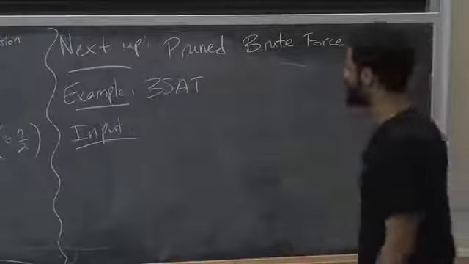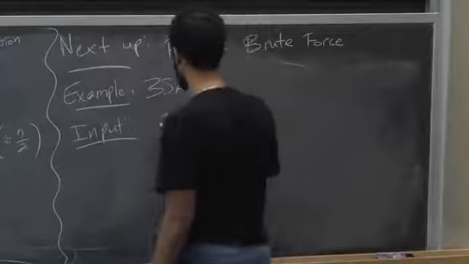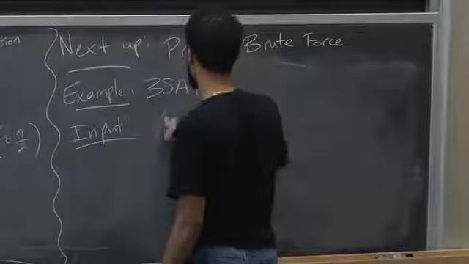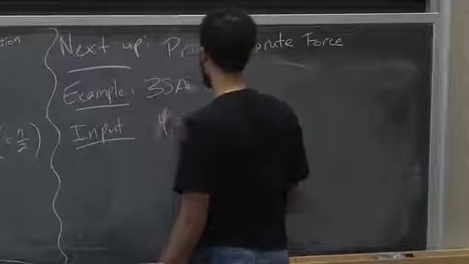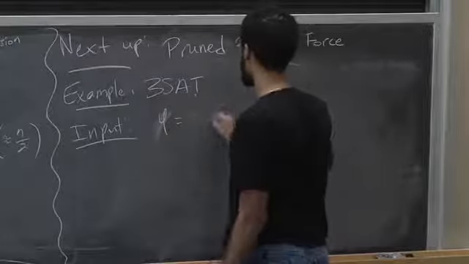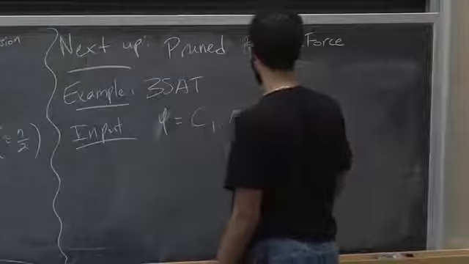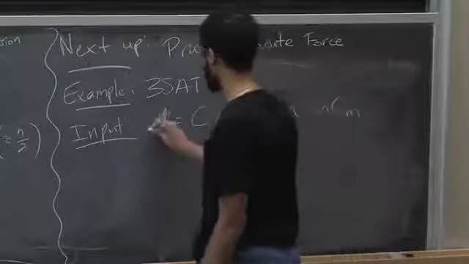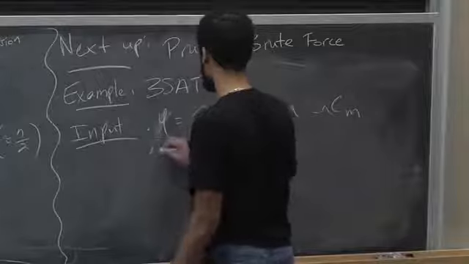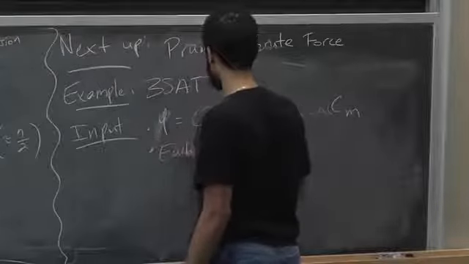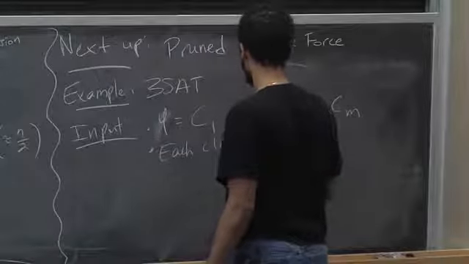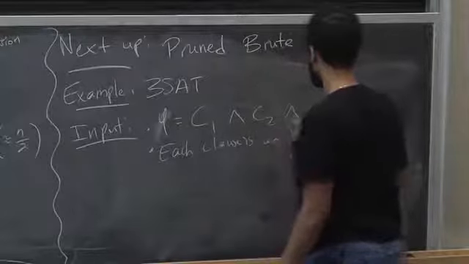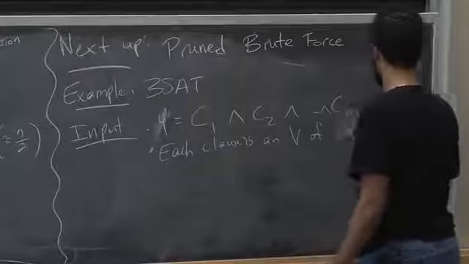It's a formula. Let's call it phi, which is clause 1 and clause 2 and ... clause m. Each clause is an OR of 3 literals.